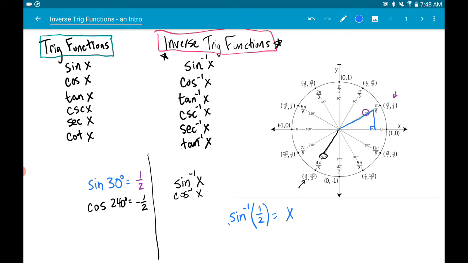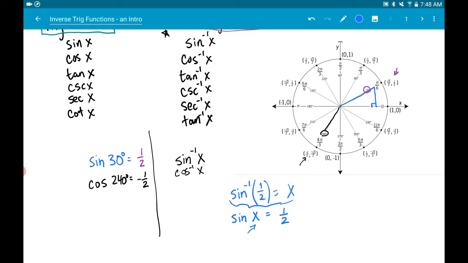One is just to realize what it's asking. And what this is asking is it's saying sine of what value is 1/2. So instead of having the output be your value, now the idea is you're trying to find the theta. You're trying to find the angle that spits out a 1/2.